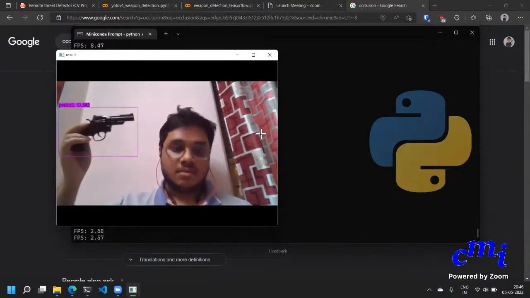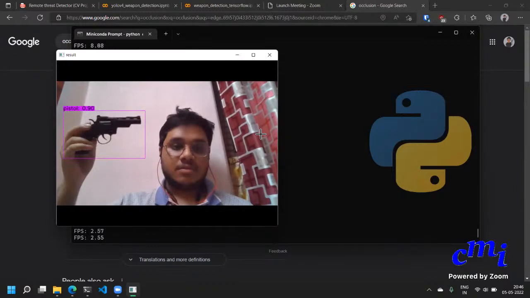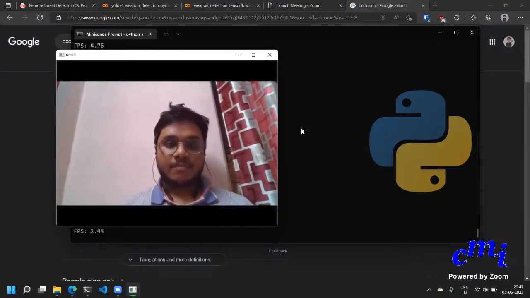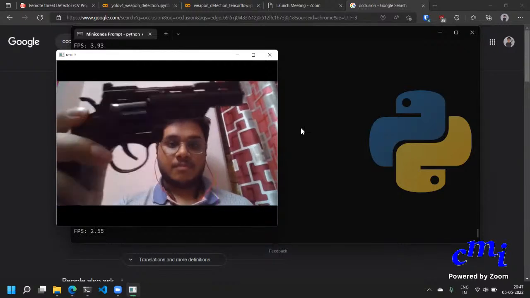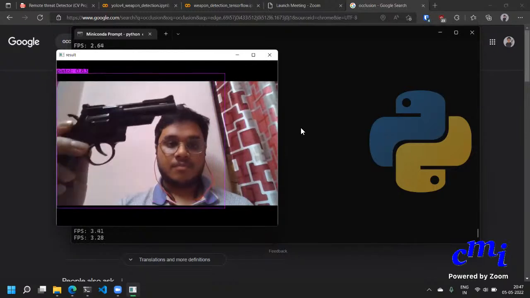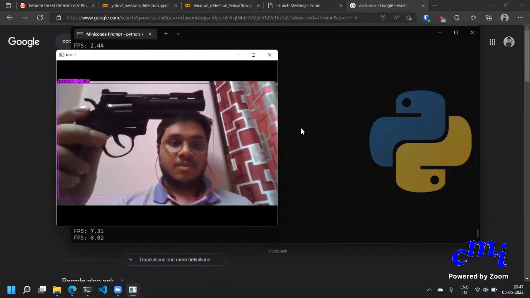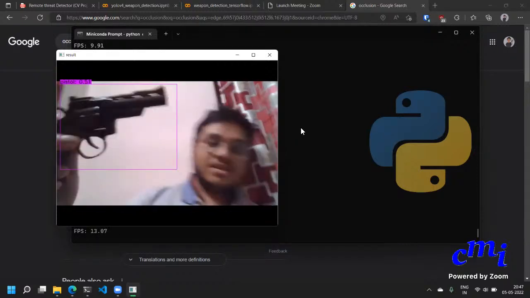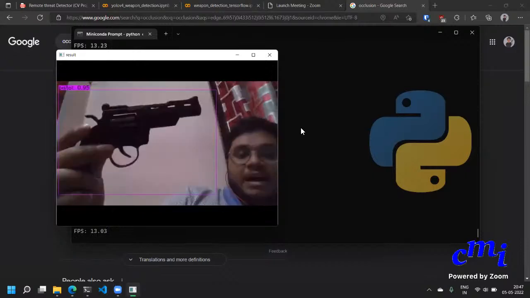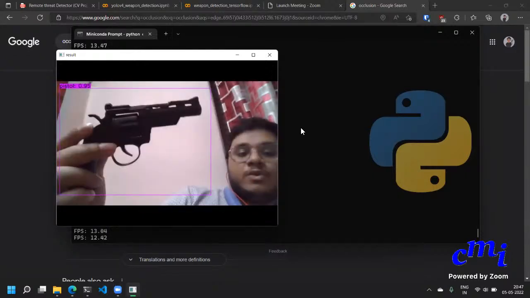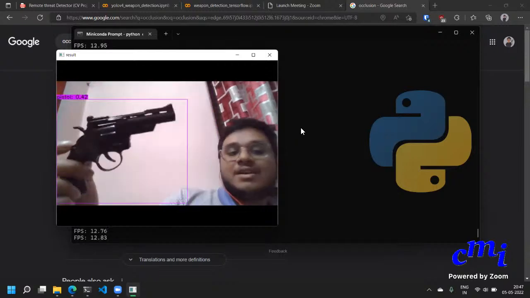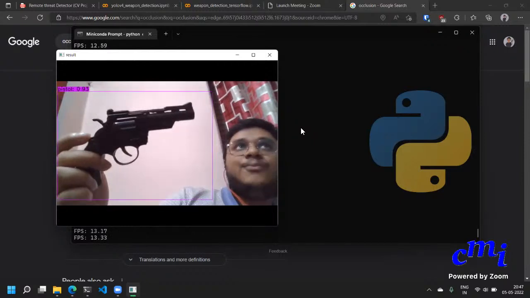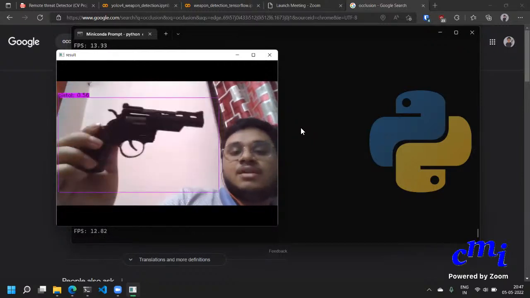But my question is that whenever the object is near the camera, the confidence should be higher than when it is far away from the screen. Actually it is higher if the background is monotonous, like a white screen, and I bring the object in front of the camera.